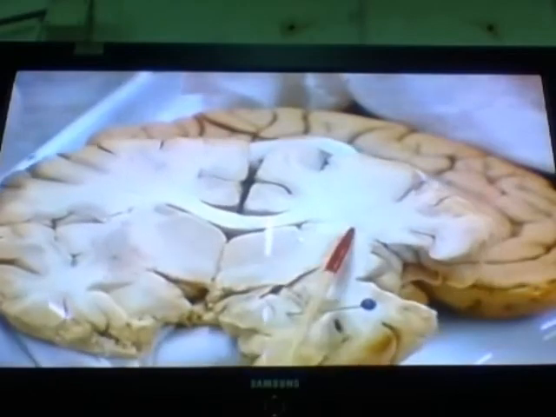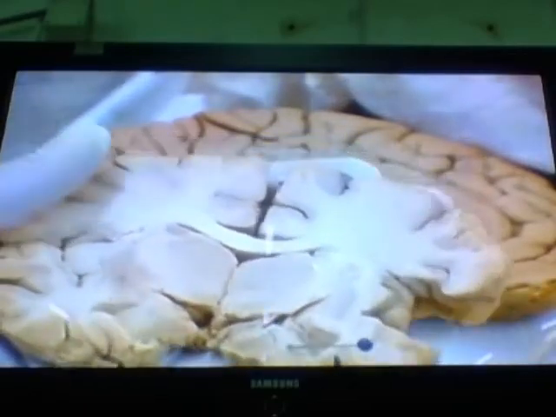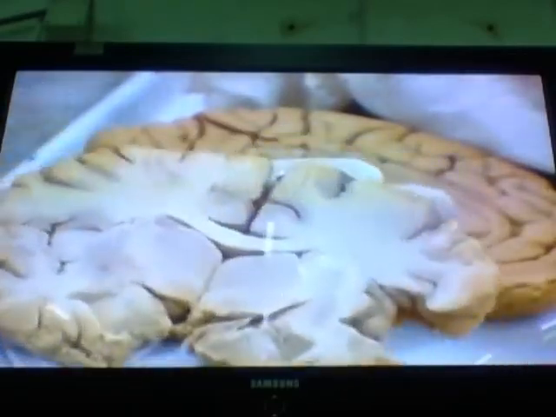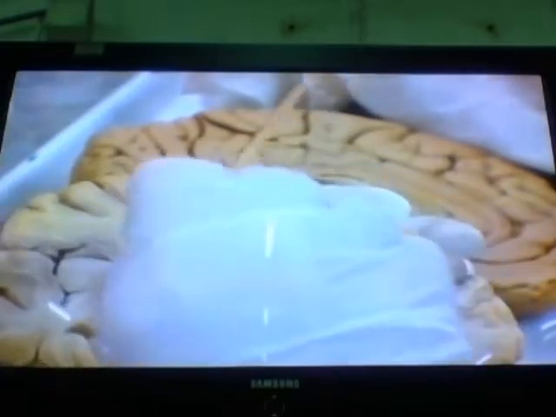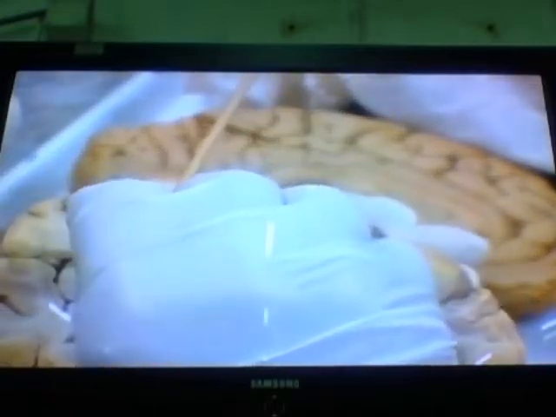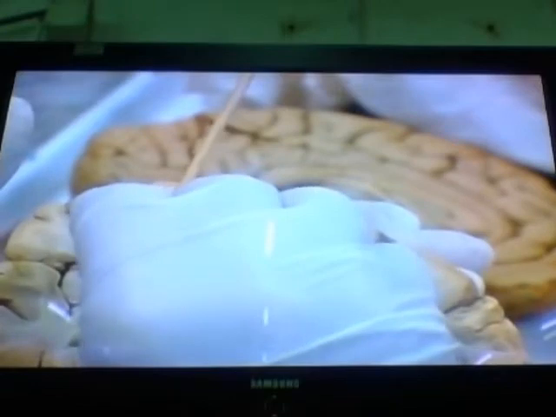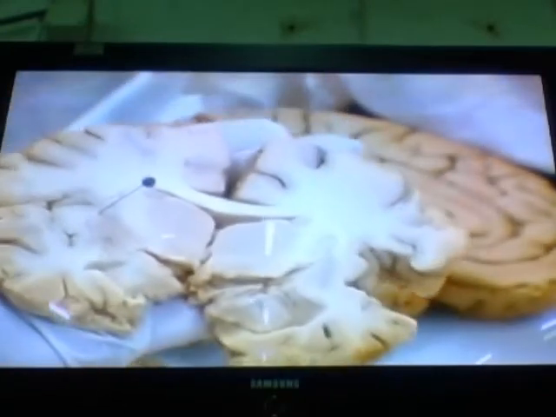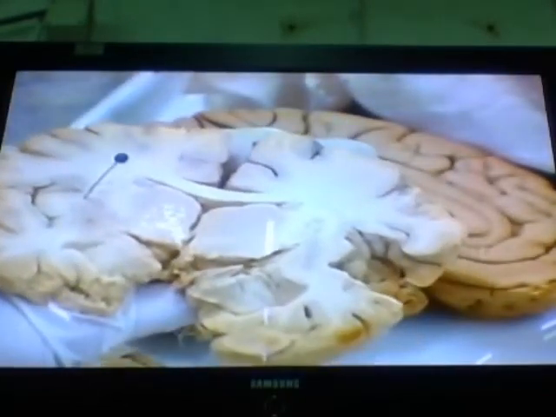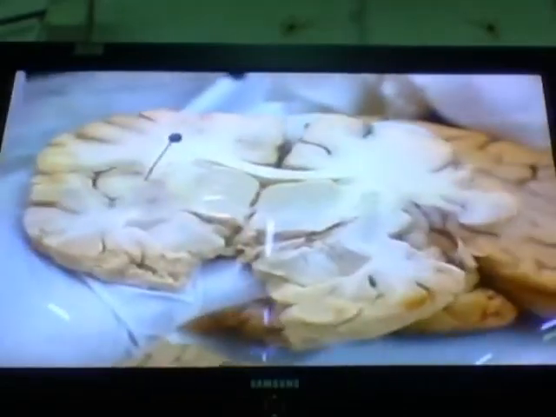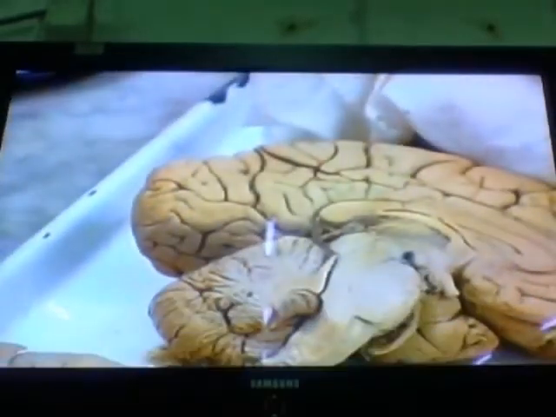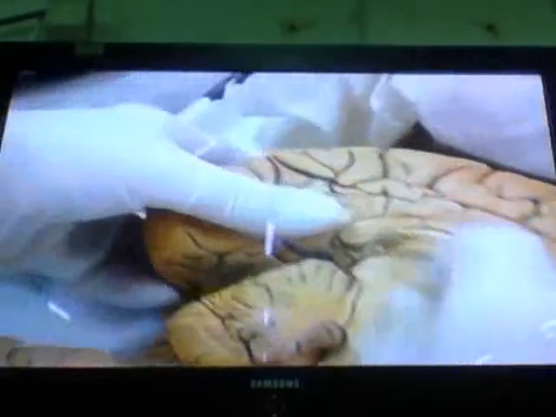So there is the internal capsule right there. And my time is finished. GP and myself are good friends; I don't want to destroy the friendship. There is the external capsule, and traveling in the external capsule will be corticostriate fibers. JP has just walked out of the room for a minute, so I can ask something quickly.